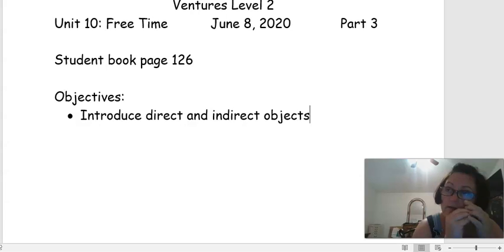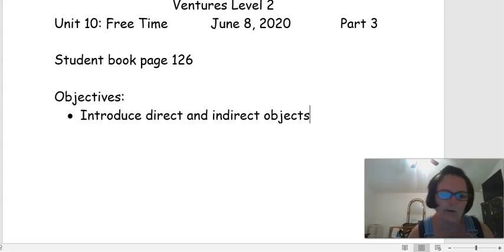So the direct object would be the present and the indirect object would be Mary. Like in our previous story on page 122 about Celia, Celia would be the indirect object and the direct object would be the cards, the flowers, and the perfume. Okay? So Tim gave or bought a present for Mary or for her.